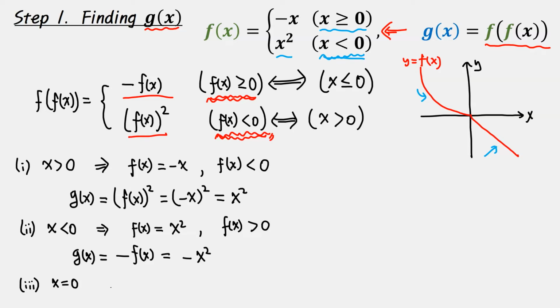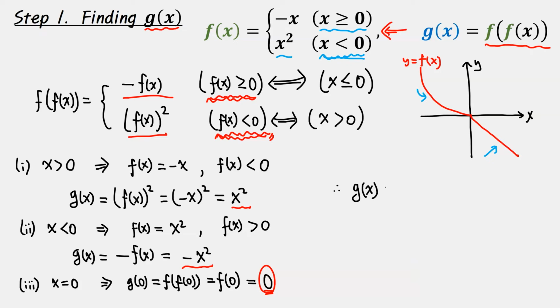And lastly, let's consider when x equals 0. Let's investigate this case separately. Then g(0) is simply f(f(0)), and since f(0) is 0, we have f(0), which is 0. For this 0, you can see that both expressions give value 0 when x is 0.